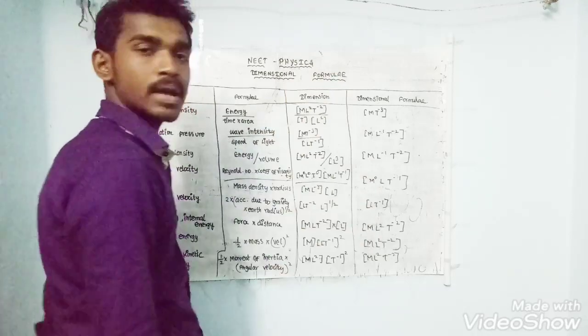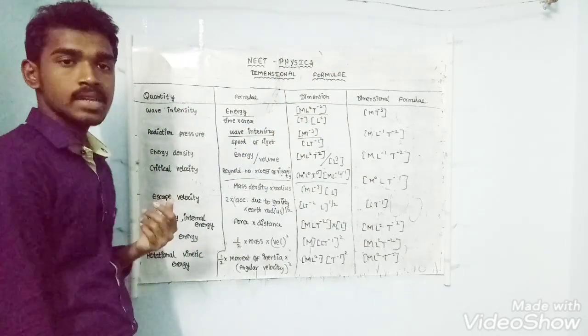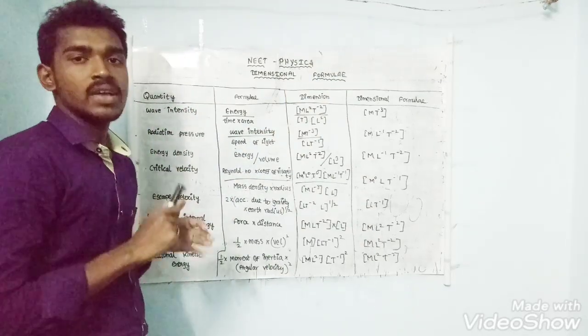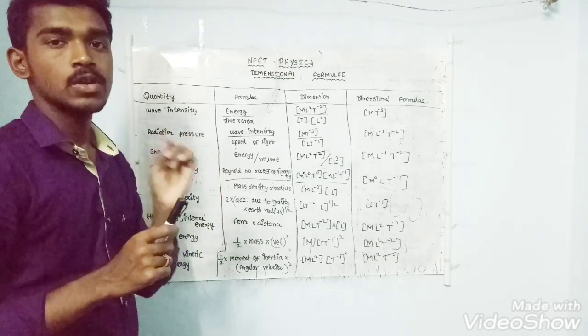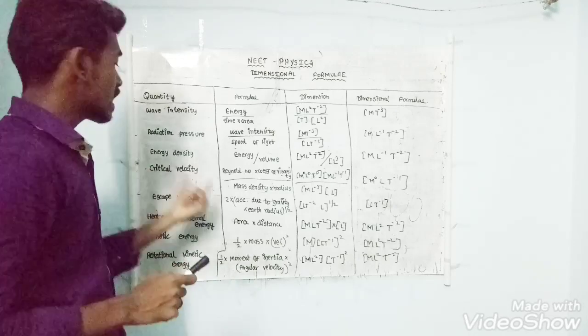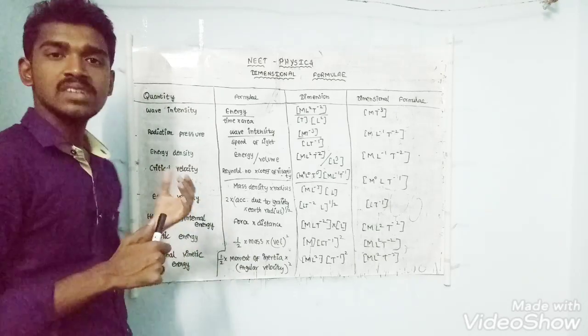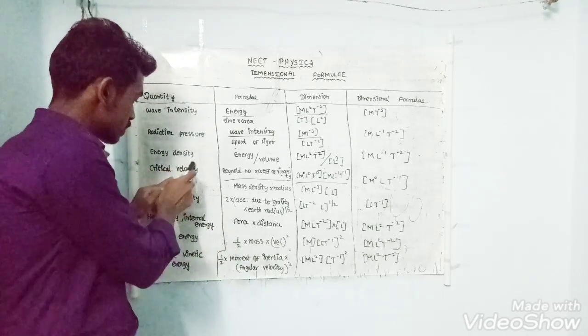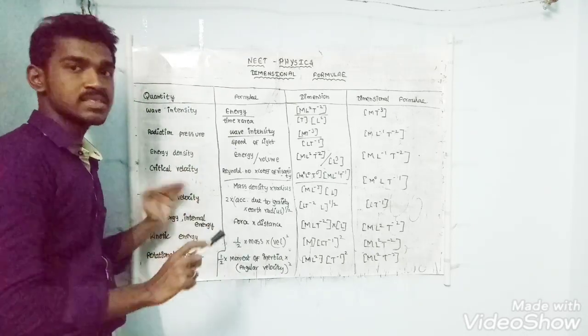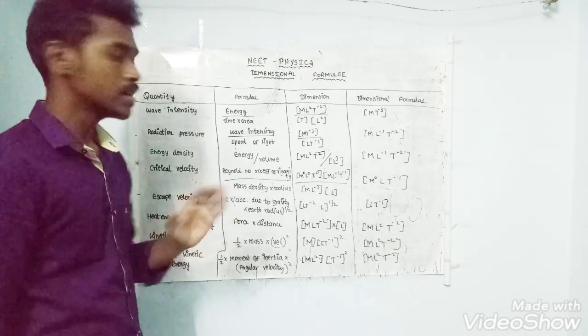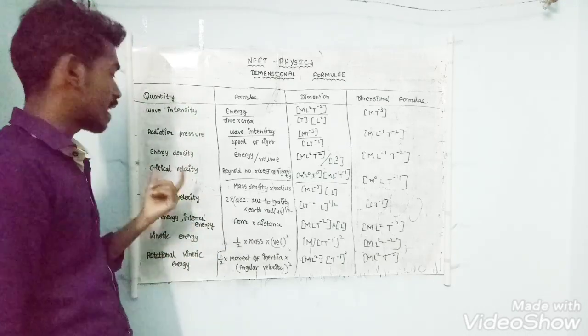These are basics on mathematical principles. Critical velocity: the easiest way is to keep one clue in mind. Critical velocity is basically mentioning a velocity. Escape velocity is basically mentioning a velocity.